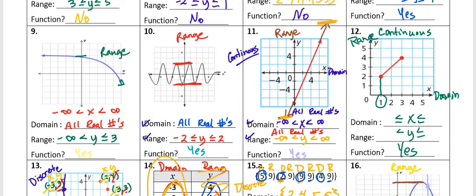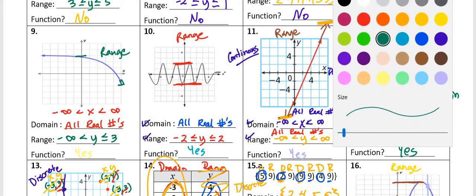So it begins at a 1, and I come to the highest point, which is a 3. So the domain here is 1 is less than or equal to X, less than or equal to 3. Make sure your smallest number is on the left-hand side.